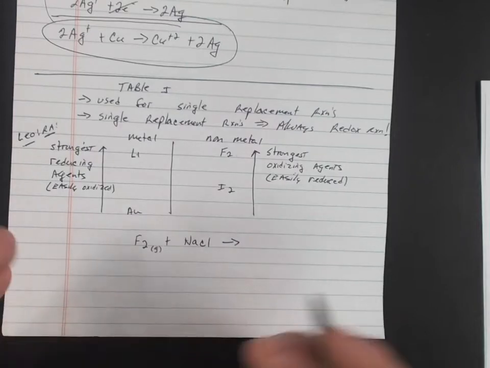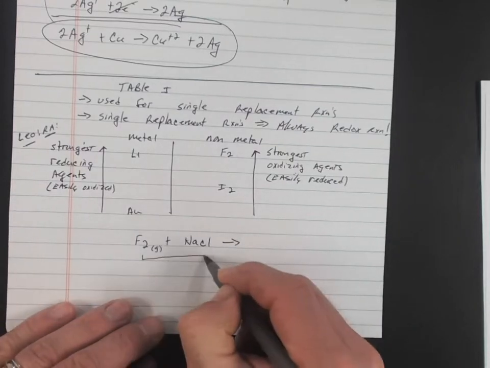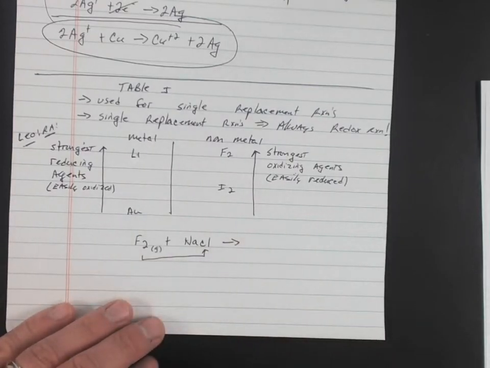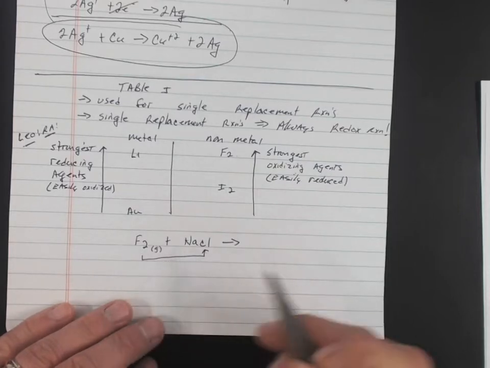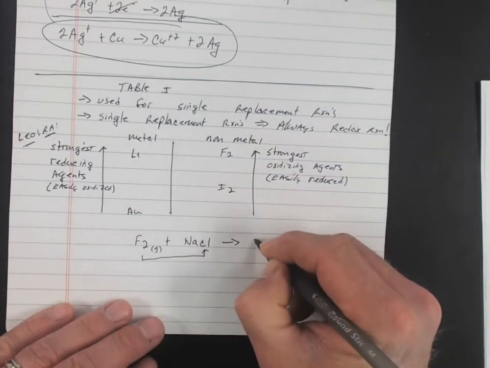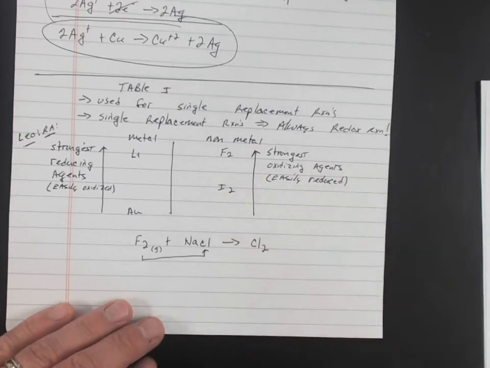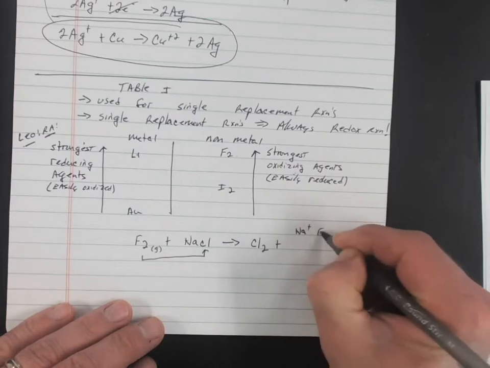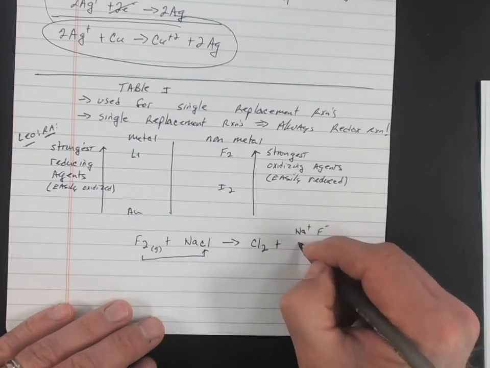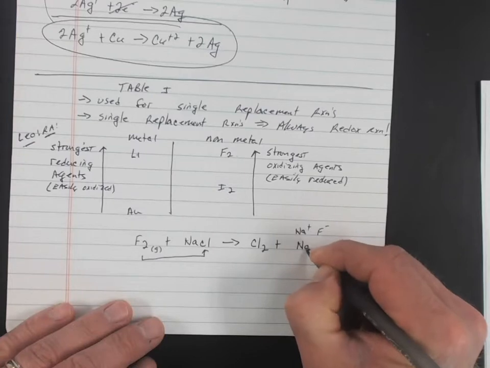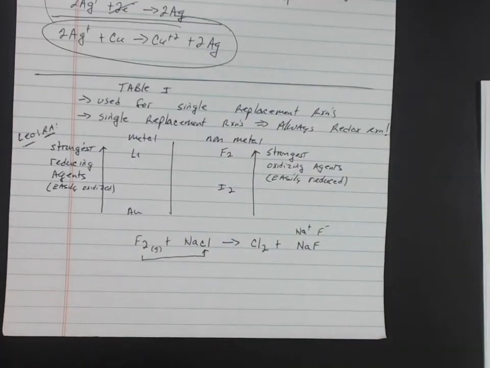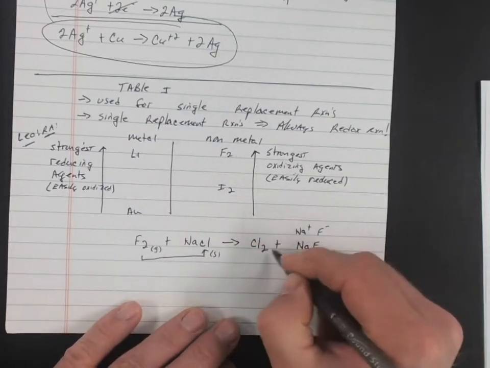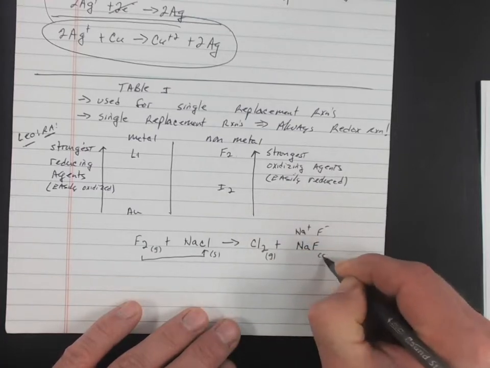The Cl. We coined it a Sadie Hawkins dance. It's going to come over here and tap Cl. And yes, F2 is higher up than Cl. So what will it kick out? Yeah, Cl2. And it will form, we've got Na plus, we've got F minus, crisscross to get just NaF, just like that. Okay, so we've got gas and solid.